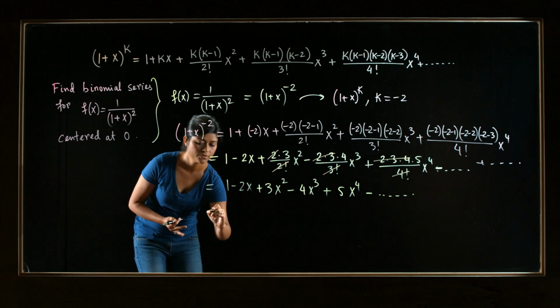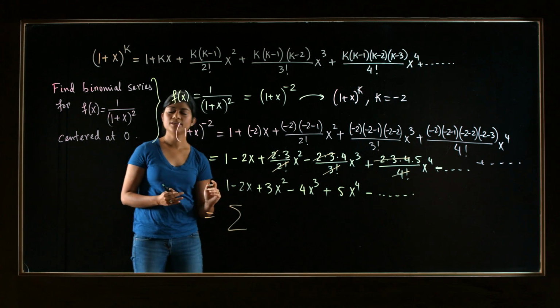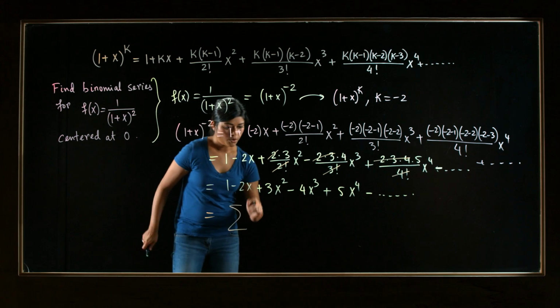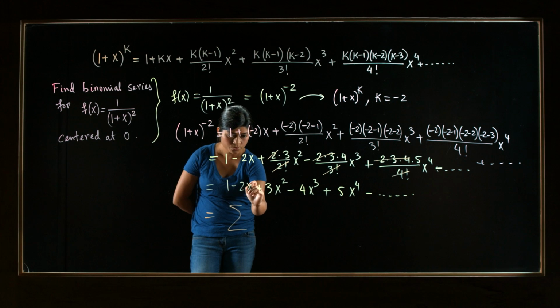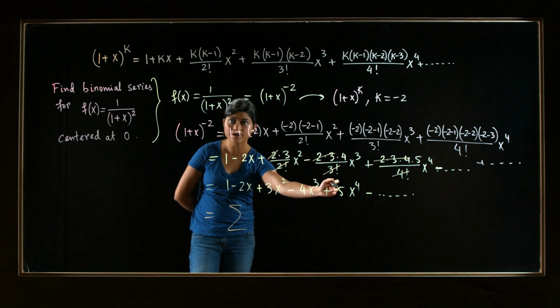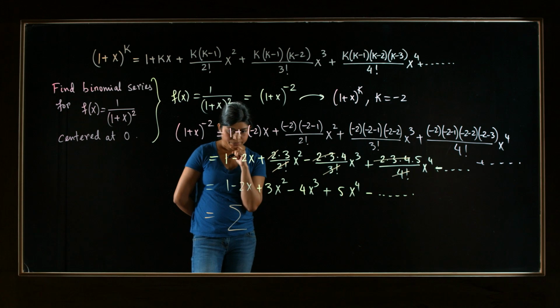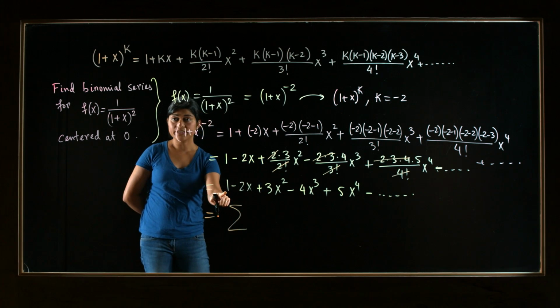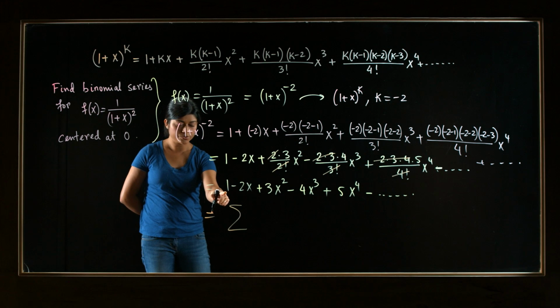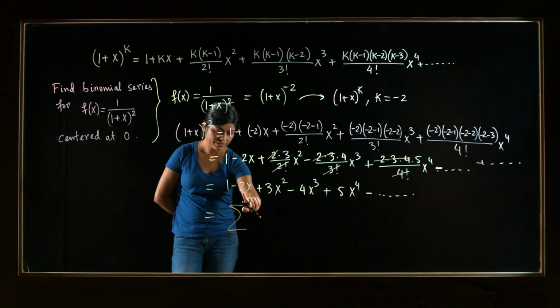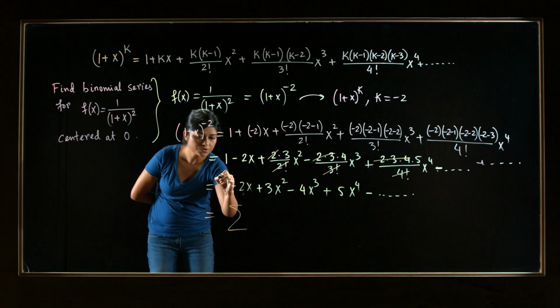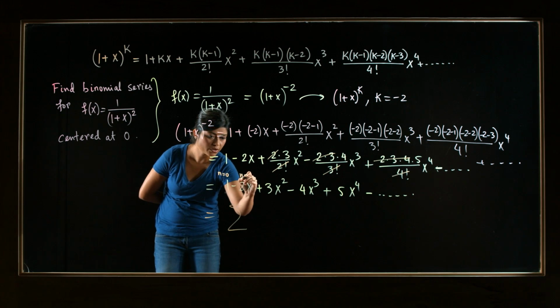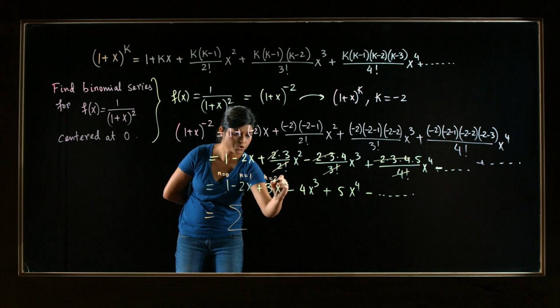Okay, now can we rewrite this whole thing using the sigma notation? Look at the terms. We have 1, then 2x, then 3x squared, 4x cubed, 5x to the 4th. Now 1 corresponds to n equals 0 usually, so we start with n equals 0. This is for n equals 0, this is for n equals 1, and then n is 2.